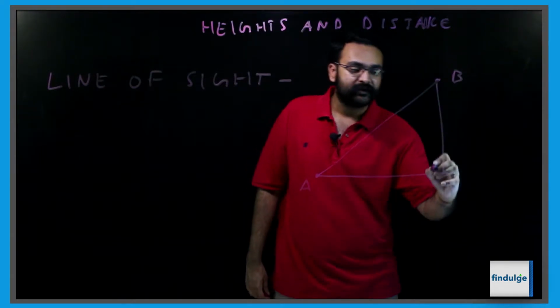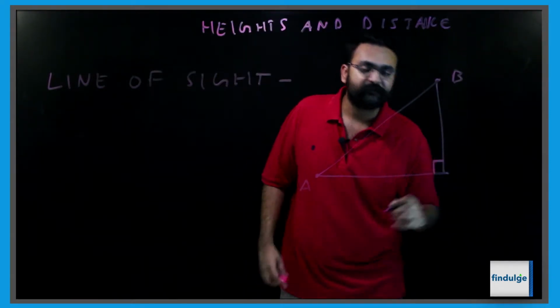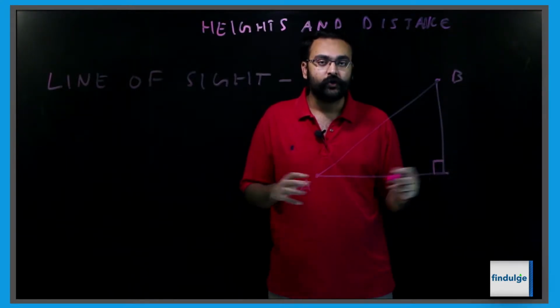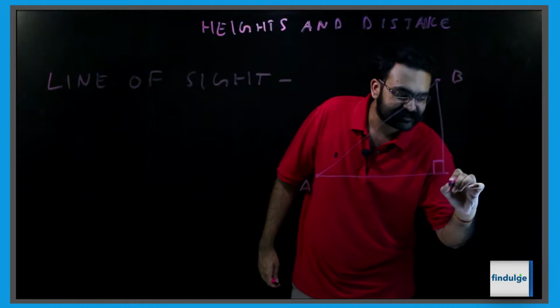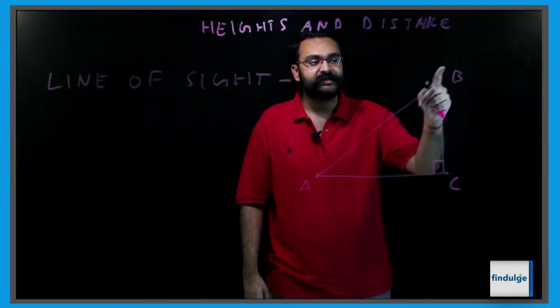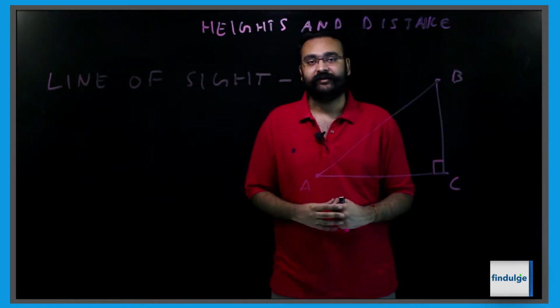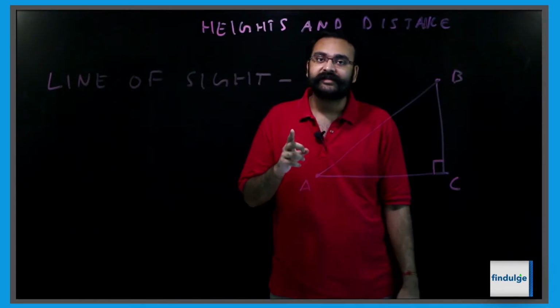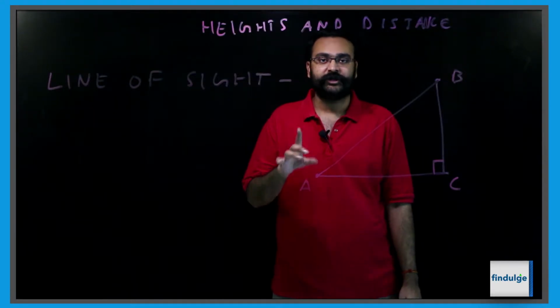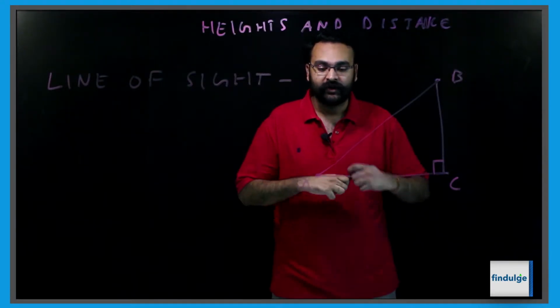That means the building makes an angle of 90 degrees with the ground. Fairly logical. So, if I mark this point as C, triangle ACB is a right angle triangle.